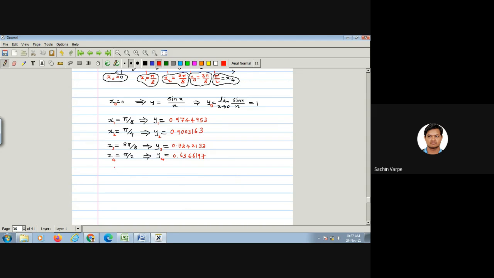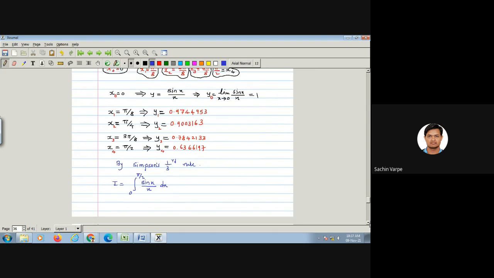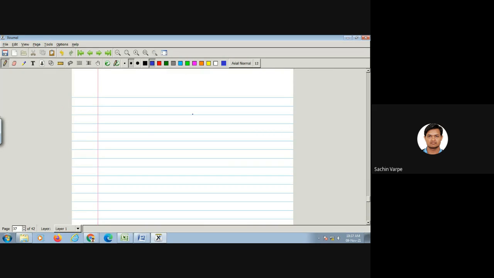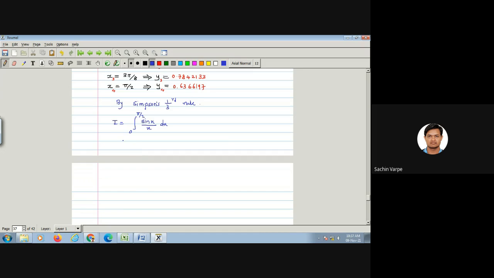So therefore, by Simpson's 1/3 rule, integration I equals integration from 0 to pi by 2 of sin x upon x dx. What would be the formula by Simpson's rule? That is equal to h by 3 into the sum of first and last ordinate.